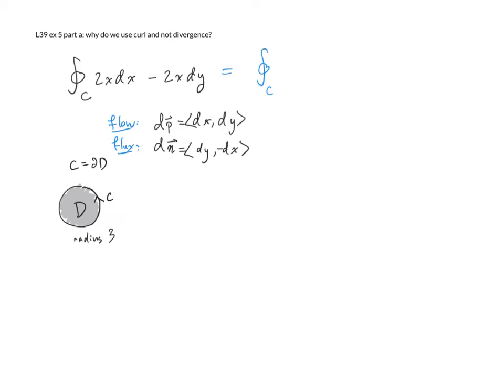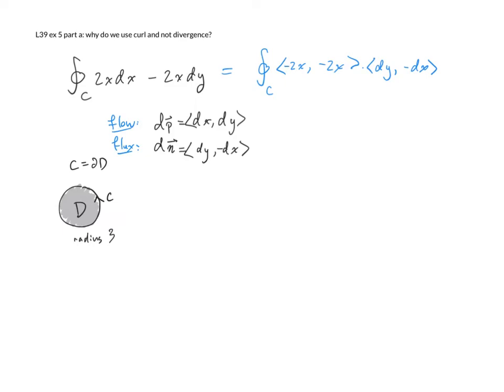So in order to get dn, I need to get dy comma minus dx over here, which means that the dy, in order for this to be a dot product, has to be paired with minus 2x, and the minus dx has to be paired also with minus 2x, so that the negative signs for this term and this term cancel to give this term, and this term gives these terms.